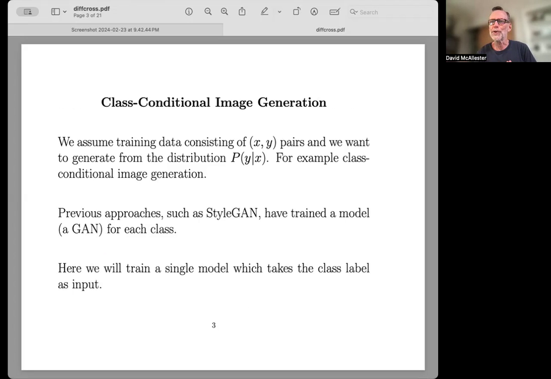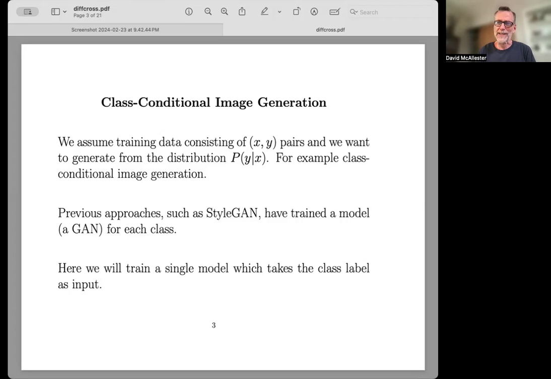So we're going to assume a population distribution on XY pairs. And in this case, X is the class of the image Y. And we want a conditional distribution, the probability of the image given its class. So, for example, we want to generate a dog image. We want the probability of an image given the class dog or given the word dog.